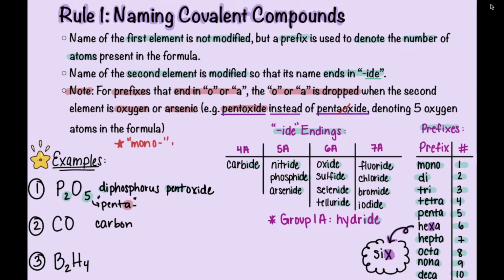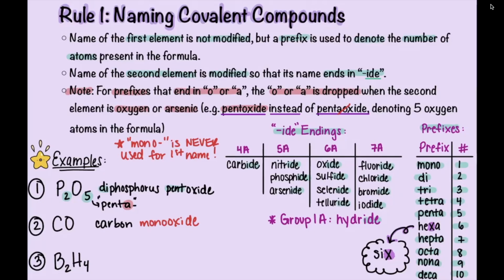You see, there's another exception where mono is never used for the first element. But we can use mono for the second. So for example, oxygen, we drop the ending so that it becomes oxide. Now we only have 1 O present. So my question for you is, is it monooxide or is it monoxide?